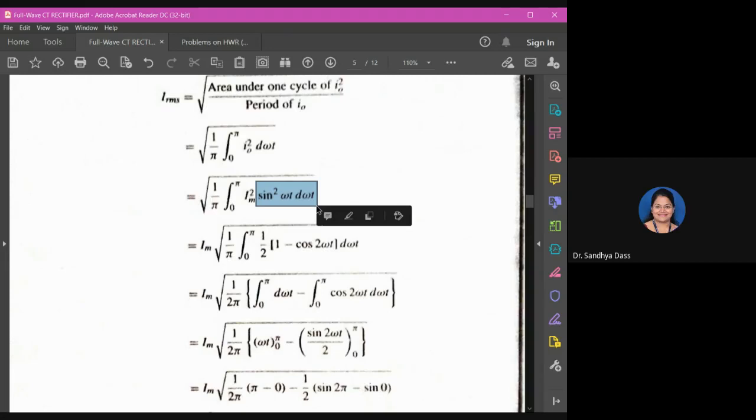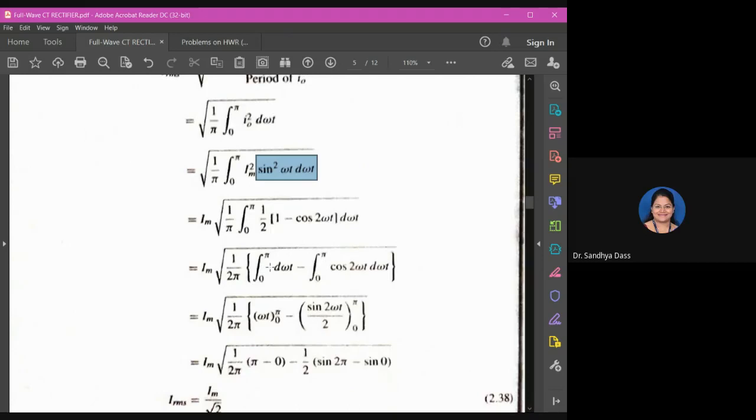You are applying cos 2 theta is equal to 1 minus 2 sine square theta, right? So sine square theta will be 1 by 2 into 1 minus cos 2 theta. So theta here is omega t. So you will have sine square omega t is equal to 1 by 2 into 1 minus cos 2 omega t. Correct?